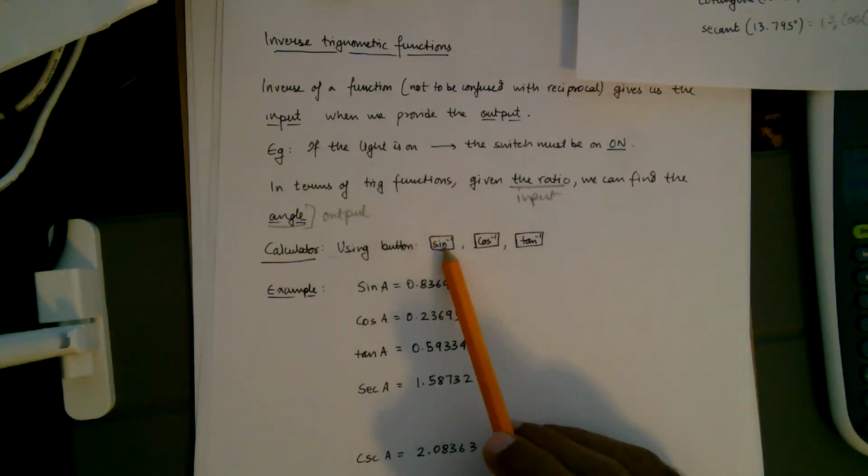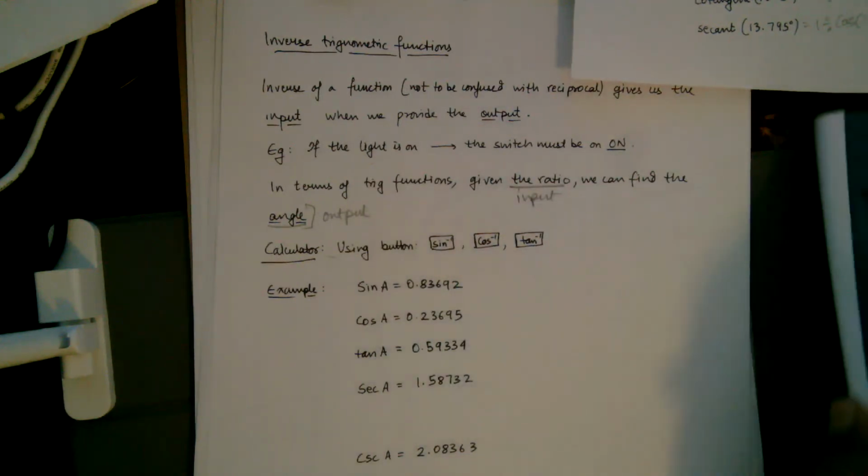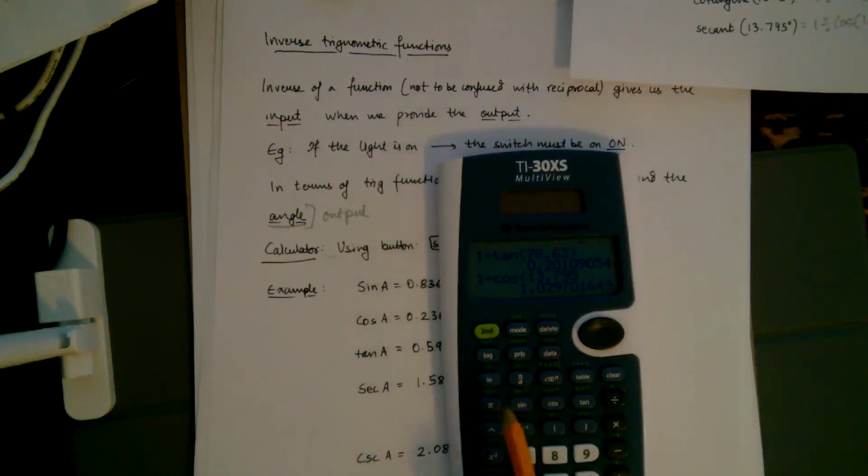They read sine inverse, cosine inverse, and tangent inverse. On the calculator, you will find them exactly above the sine, cosine, tangent buttons in a different color. That color should match the color of the button called second, which means to access it, you have to first press second and then this button.